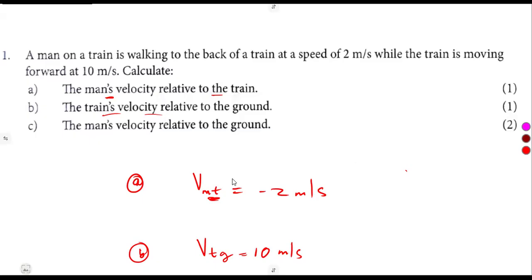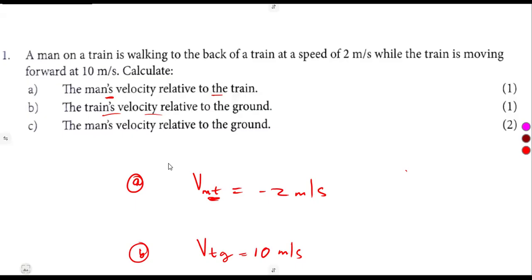The condition is that you are inside of the train, so the speed you are given is that of you with respect to the train. Are we together on that part? Yes, I understand, sir.